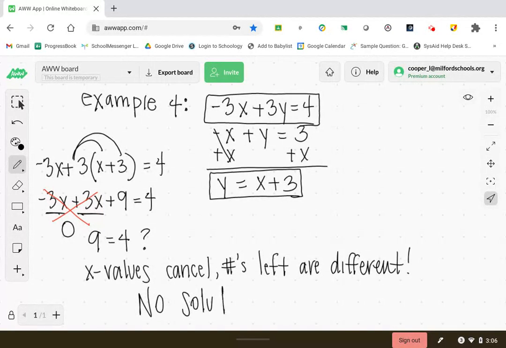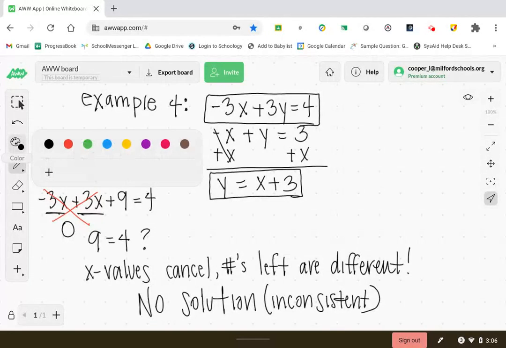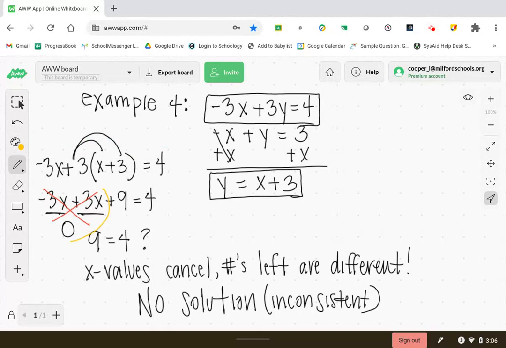We know that no solution means that those lines never cross. They're never going to be the same. So that's no solution. And a lot of times they like to call that inconsistent. So anytime that happens where your x's cancel, it's kind of a big deal when you get that. If that ever happens and then you're left with two numbers that are different like that, it's going to be no solution. So you may see that one today too.